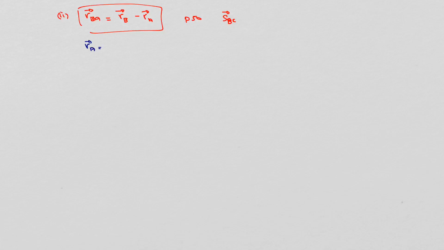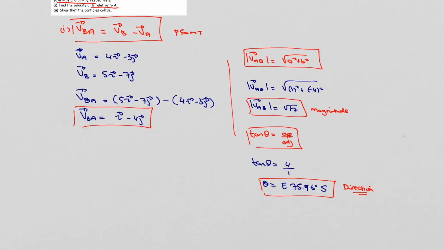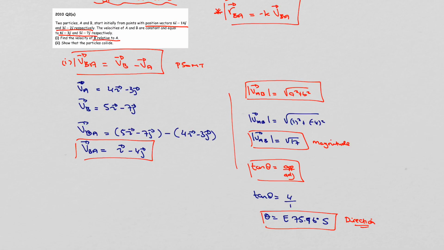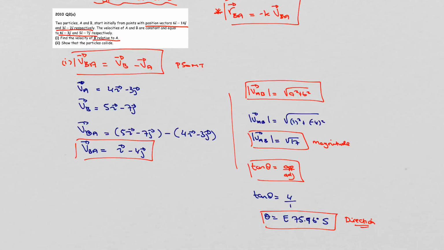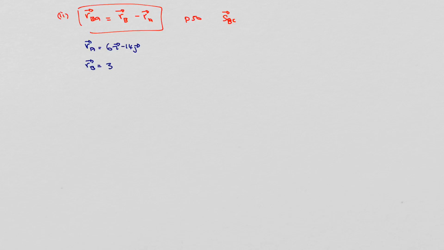So of course, what's our position vector for A? Well, if we go back, it said the position vector for A was 6i minus 14j, and the position vector for B, well, that was 3i minus 2j.